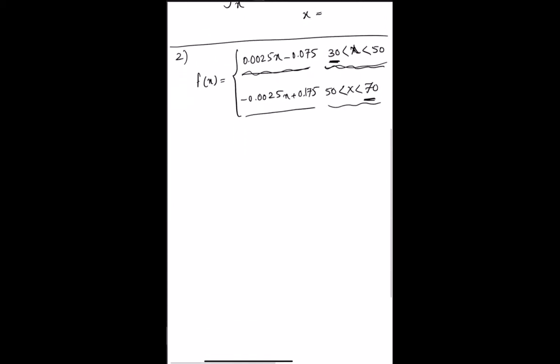The question, part 1, says, what is the probability of x less than or equal to 40? First of all, let me ask you this. Is this equal to the probability of x less than 40 or not? Is this correct?